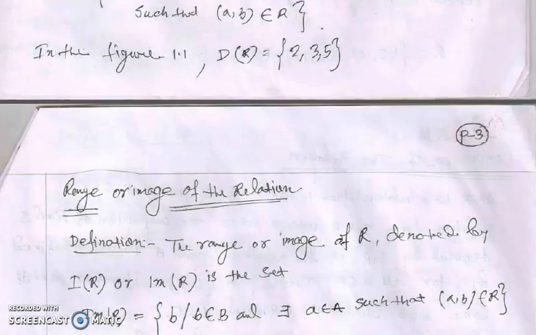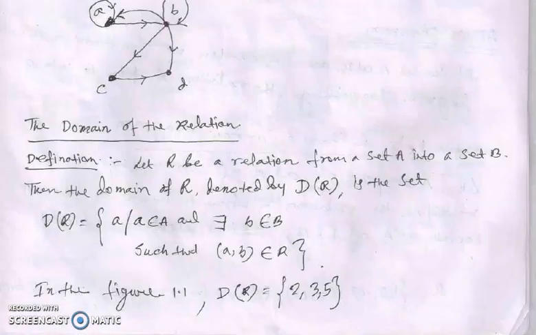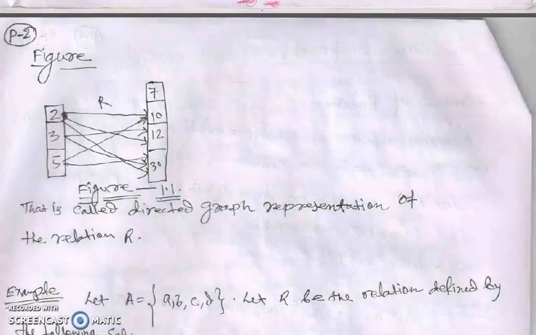If we consider this diagram, you can easily observe that there is an arrow from 2.